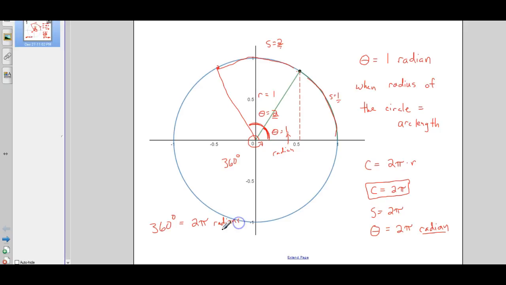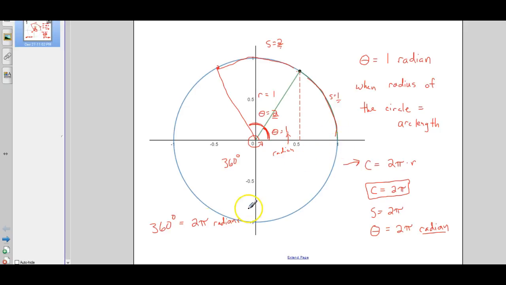That's the way it usually is brought up or defined, because everybody kind of knows 360 degrees is a circle, and they know this circumference formula. And circumference is akin to arc length when you go all the way around the circle.